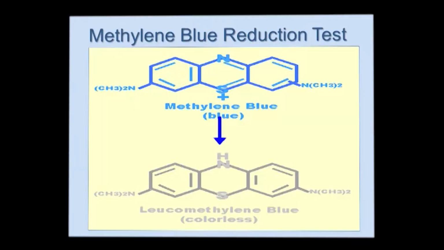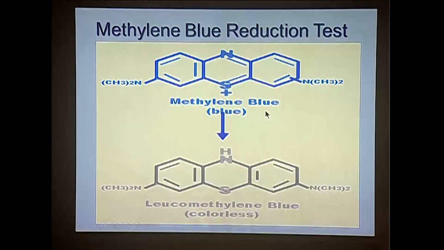Methylene blue is a redox indicator, or it is sensitive to the oxidation reduction environment of the milk. Raw milk contains bacteria. This bacteria will actively proliferate. As a result, the dissolved oxygen in the milk will decrease, and hence it will produce a more anaerobic condition or a reduced environment in the milk. Methylene blue remains blue in the oxidized condition.